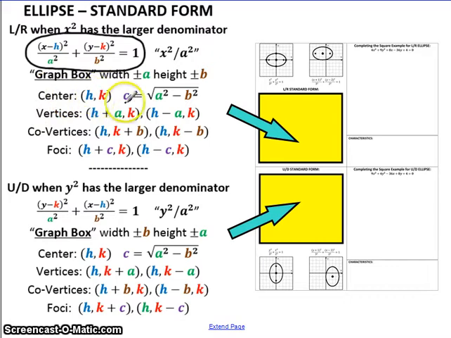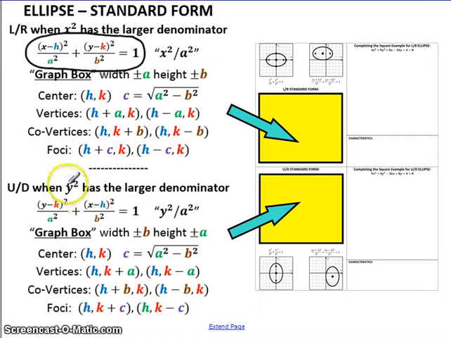Our center is at (h, k). We're going to have this number c, which helps us find what we call the focal points, or foci, which are where our thumbtacks would go. The vertices for an ellipse are the endpoints along the long axis, or the major axis, and the co-vertices are the endpoints at the ends of the smaller, or minor, axis going this way.